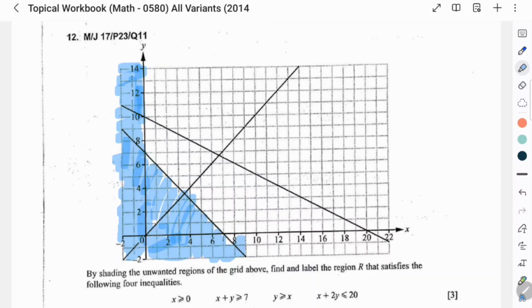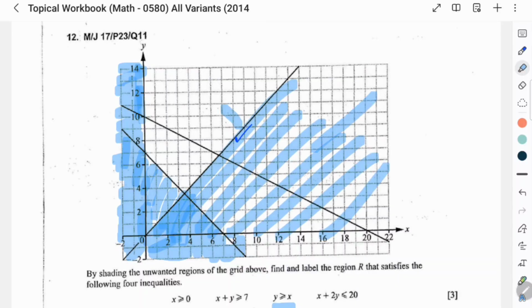It means the origin is your y-intercept. So this is the line they were talking about. Now in this one, it's greater than or equal to 0. The region is above, so you will shade below the line. Okay. Now the next one.